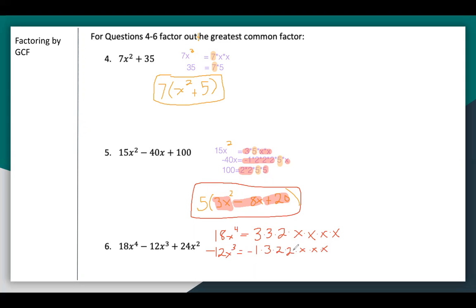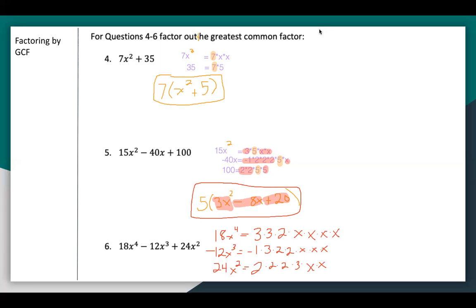Okay, because 3 times 2 times 2 is 12. Okay, and then x times x times x is x cubed. And last but not least, 24x squared is equal to 2 times 2 times 2. That's 8. 8 times 3 is 24. And then x times x.